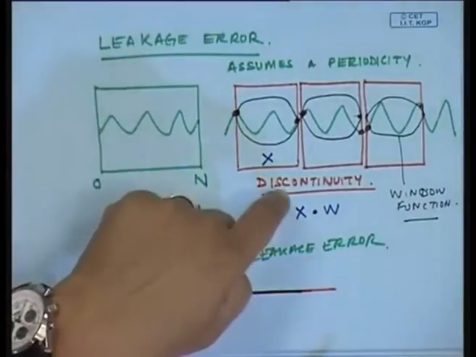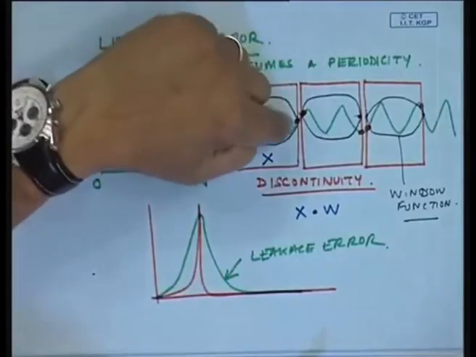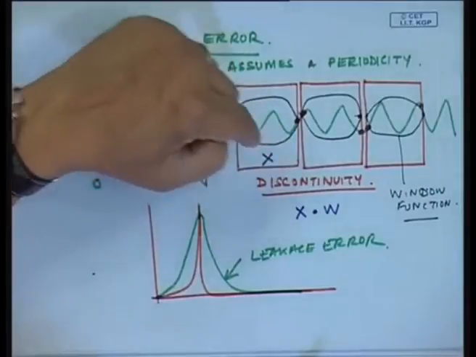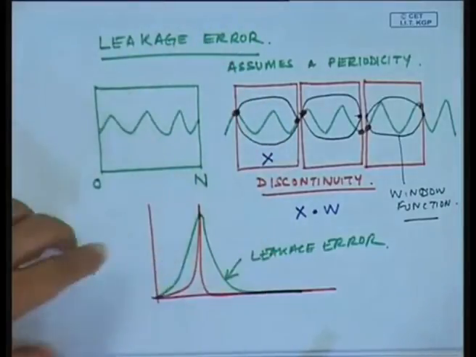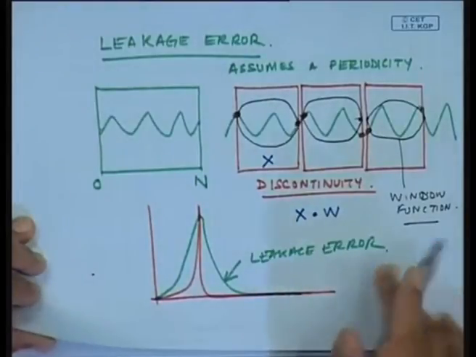So, these discontinuities are avoided by multiplying it with such a windowing function, so that the leakage is reduced, and then we will get a better estimate of the amplitude.